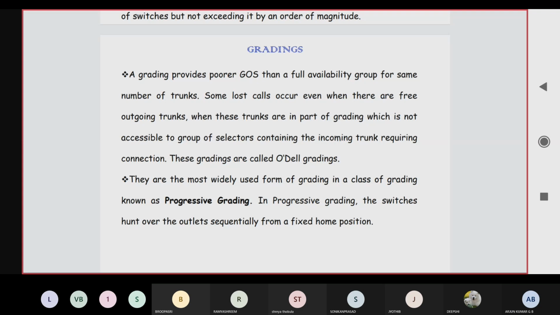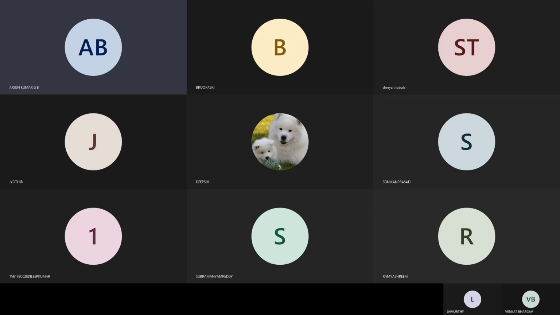To maintain that traffic, we shift the lines to other group trunk lines. Like that we are doing the grading. We just shift the busy line to another group to make the connections. That's why we are using the grading system.